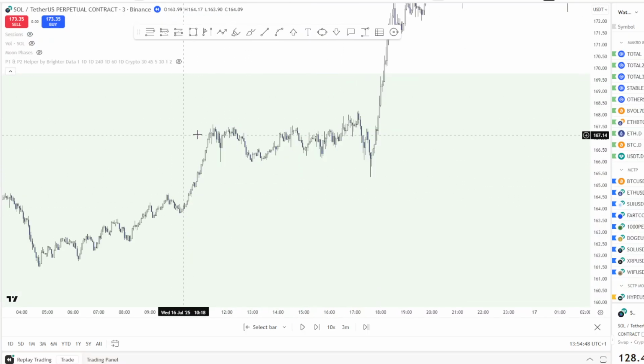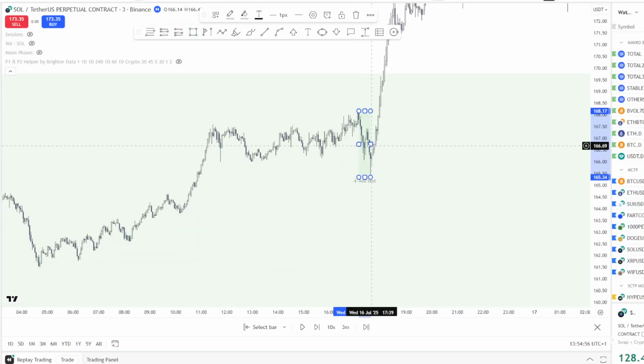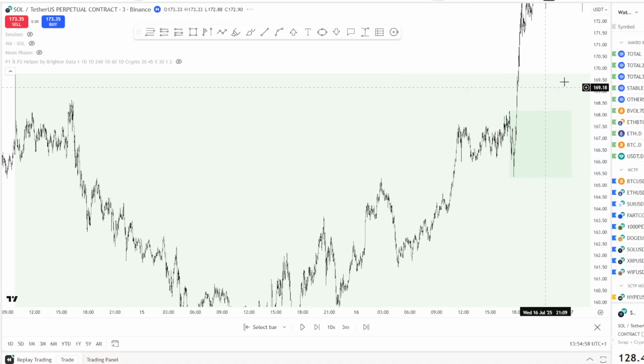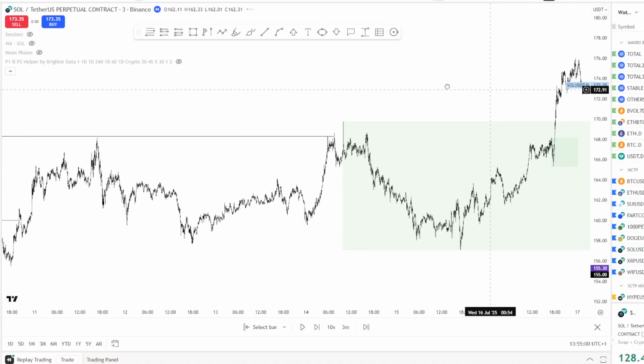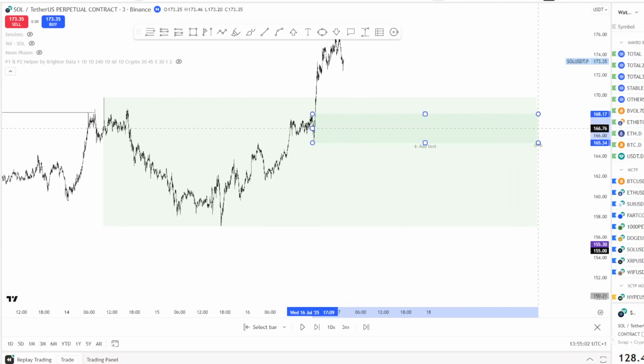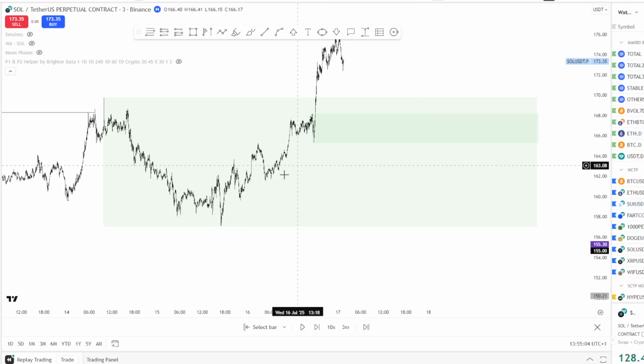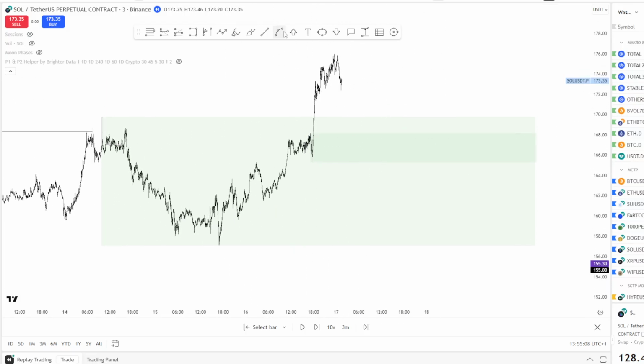On here we had a little distribution, and here we have some refined demand in this block. Below here we only have liquidity, so again I would expect a reaction from here.